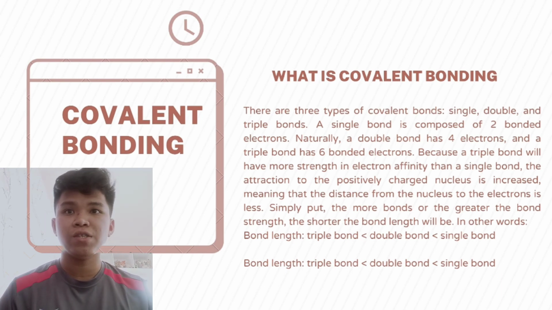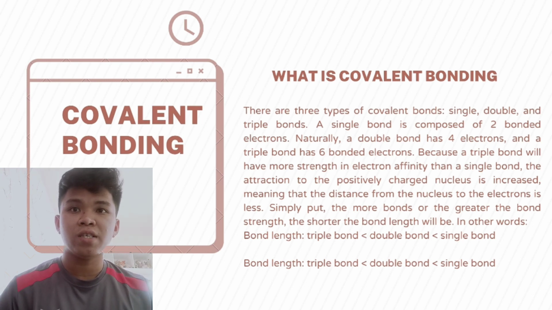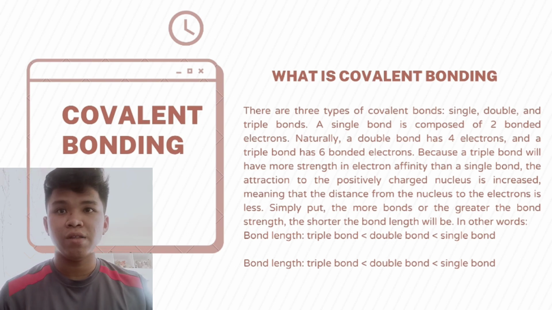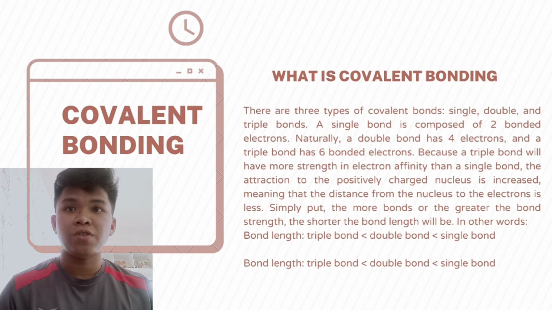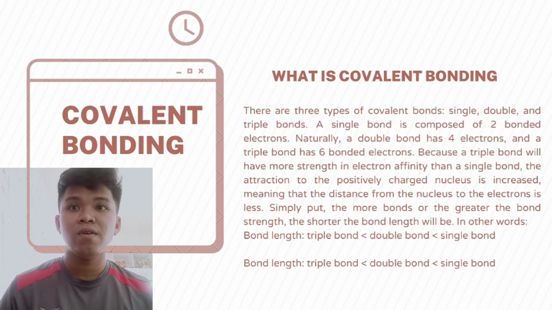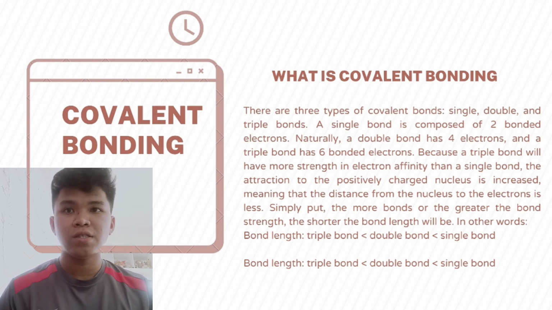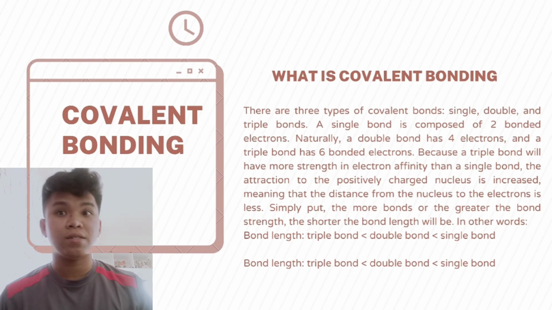A single bond is composed of 2 bonded electrons. Naturally, a double bond has 4 electrons, and a triple bond has 6 bonded electrons, because a triple bond will have more strength in electron affinity than a single bond. The attraction to the positively charged nucleus is increased, meaning that the distance from the nucleus to the electron is less.